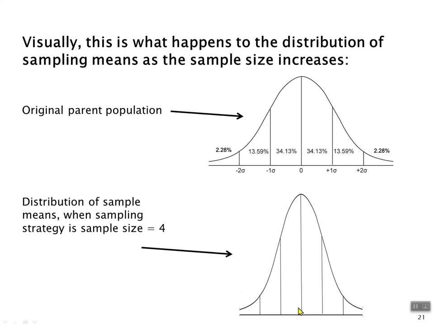When I squeezed the range here, it made this go up. It doesn't really do that in real life. But you can see that this is narrower. That's the whole point. This range is narrower, and this is called the theoretical sampling distribution. This represents where we can expect our samples to fall if we're sampling with sample size 4.